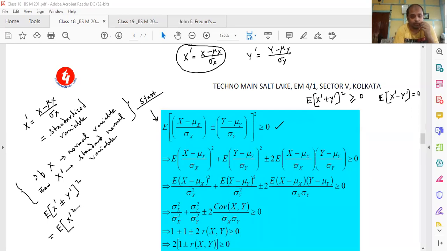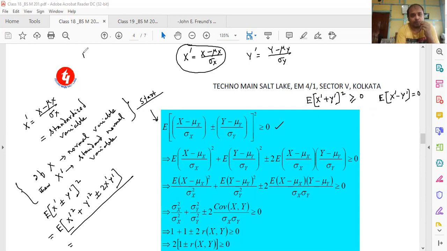So if I do so, I will get x prime square plus y prime square plus minus 2 x prime y prime. That is what I get from here. Now you can resubstitute the values of x prime. You know that your x prime is (x minus mu x) by sigma x.